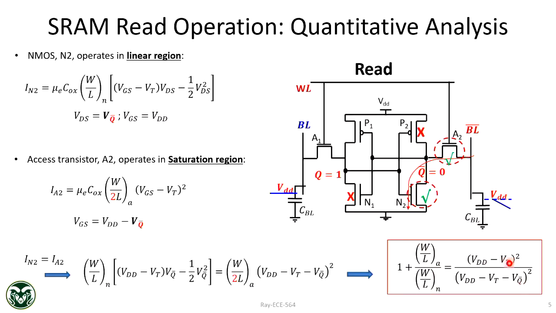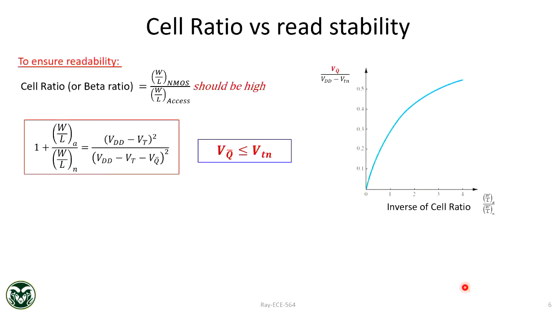During read condition, you can start and plug in some numbers. For example, if VQ is less than VTN, what will be my ratio? And this is the x-axis, which is the ratio of the access transistor versus the NMOS transistor. If the access transistor becomes stronger and stronger, read will be unsuccessful. This is the inverse of cell ratio, access transistor by NMOS transistor, right?